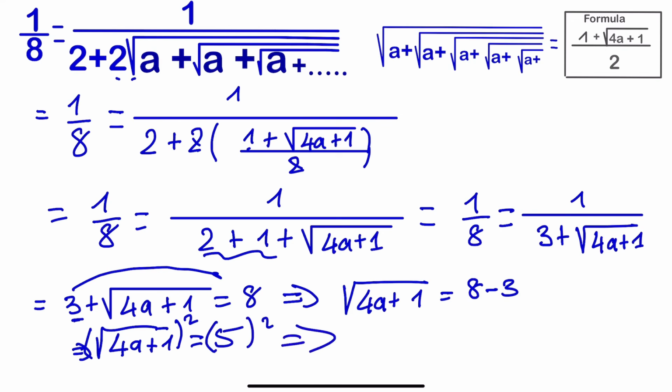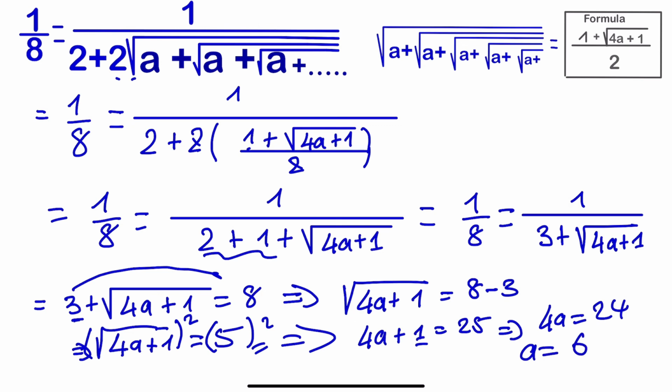The square root cancels out, so we'll be left with 4a plus 1 equal to the square of 5, which is 25. This 1 is going to cross and become negative. So 4a will be equal to 24. This implies a will be equal to 6.